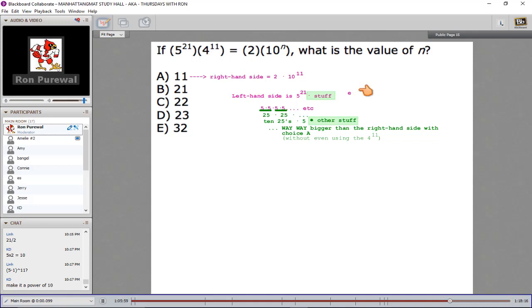Okay, so in other words, 10 is made up of 5 and 2. So what would you want to do with 4 if you had the chance? You could try to make it into a power of 10, but the problem is that getting 10s out of these is not that easy.